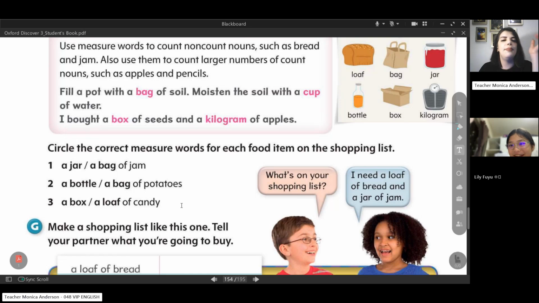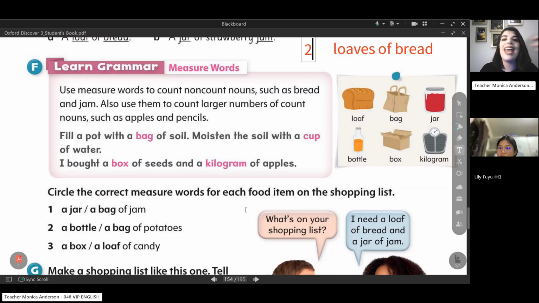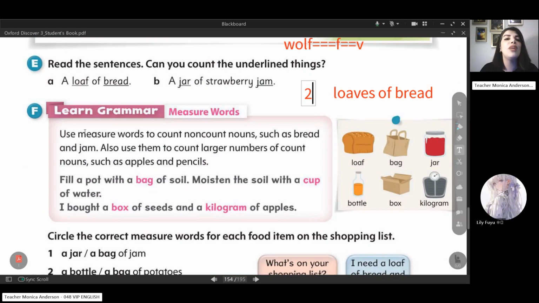A box of candy, of course, very good. A loaf of bread. Okay, so they are called measure words. As you can see, we use measure words to count non-count, uncountable nouns, such as bread and jam, and also to count larger numbers of nouns, such as apples.